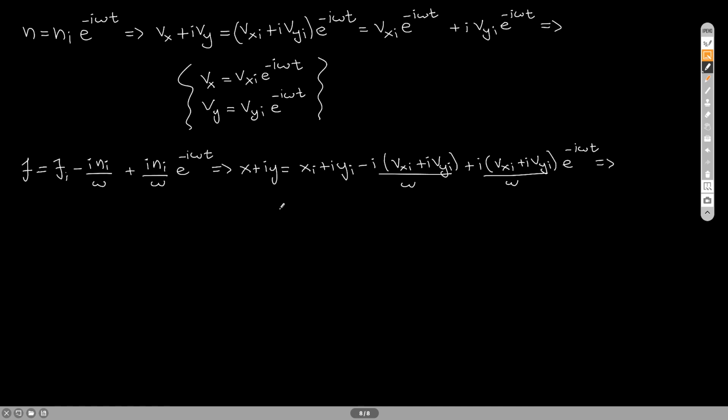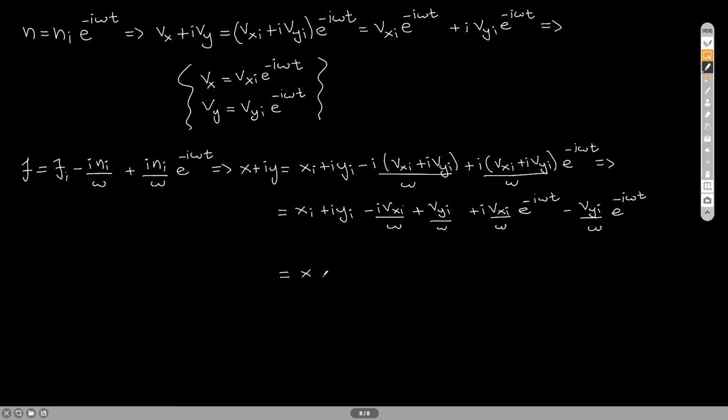And I will do a little bit of work here: x initial plus i y initial, minus i Vx initial over omega, minus i times i gives me minus i squared, or simply plus Vy initial over omega, plus i Vx initial over omega e to the minus i omega t, and then plus i squared gives me simply minus 1, minus Vy initial over omega e to the minus i omega t.